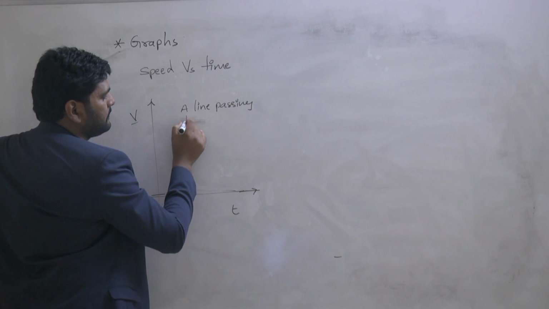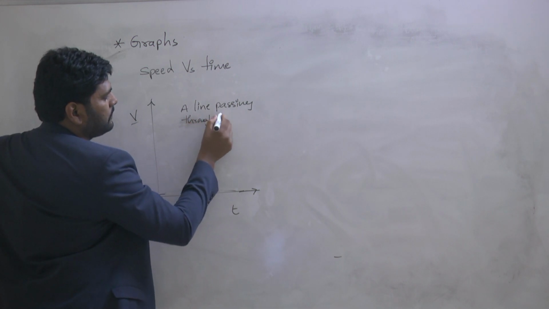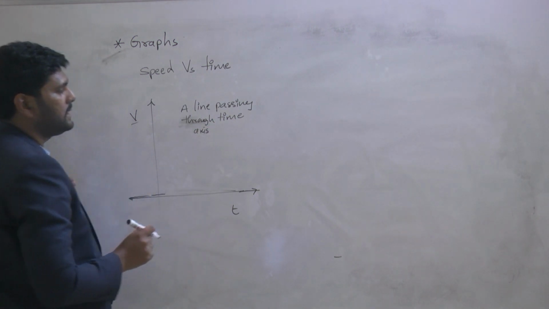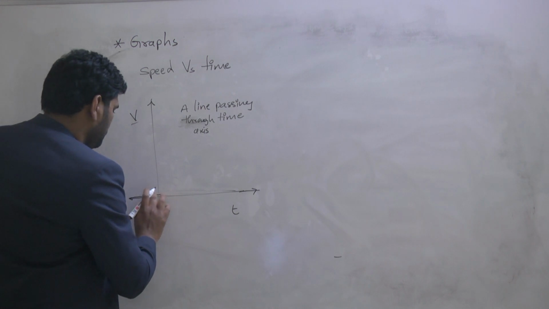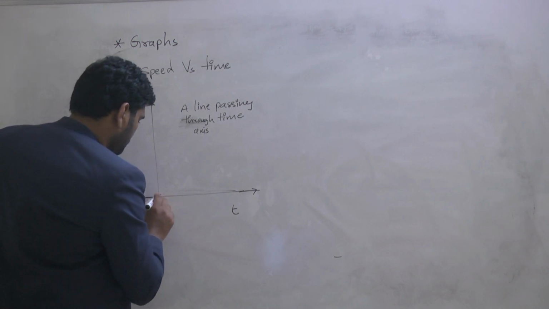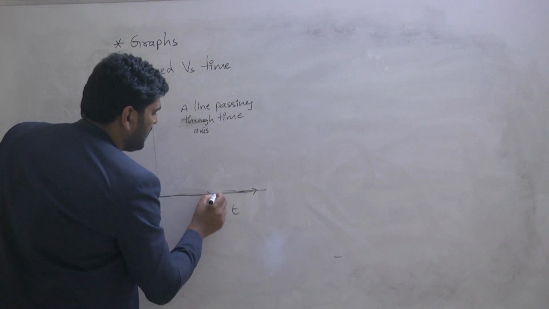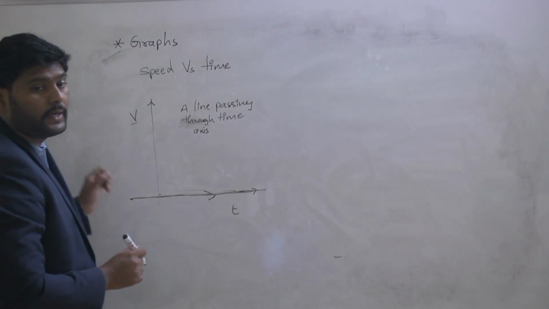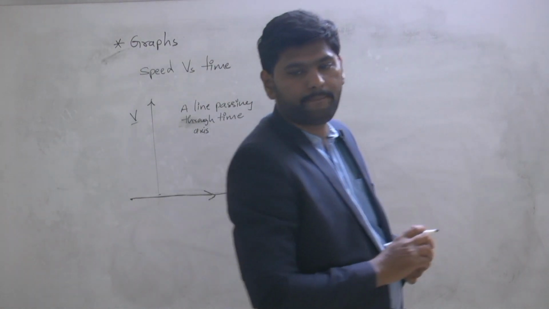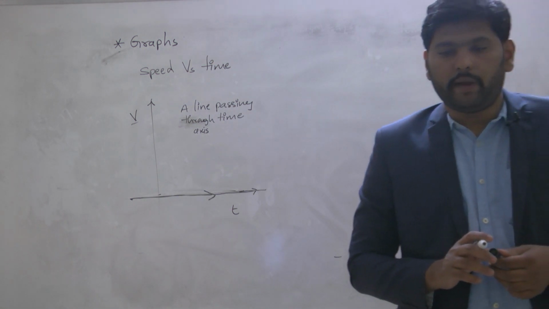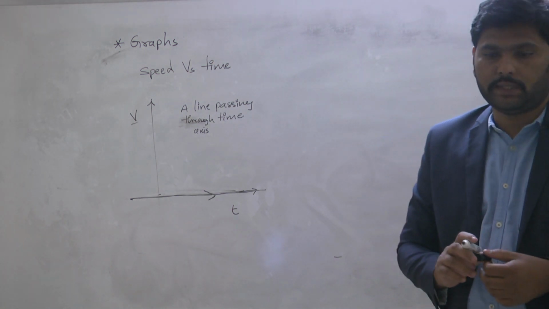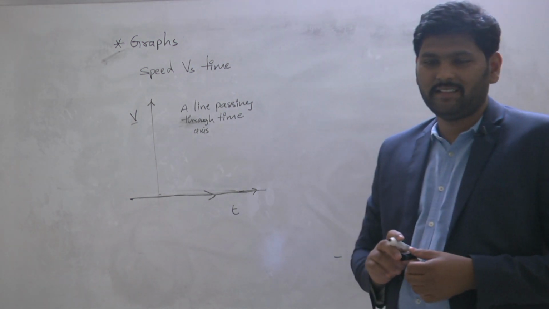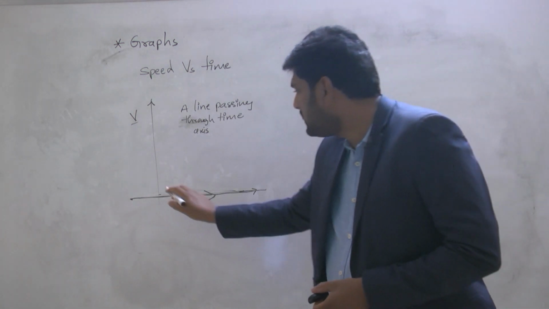When a line passes through the time axis, what does it represent?